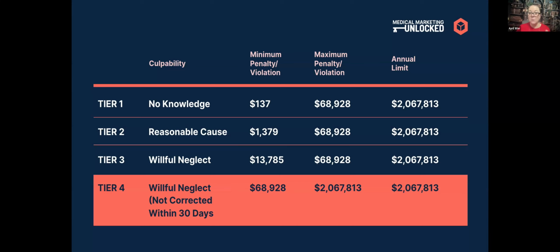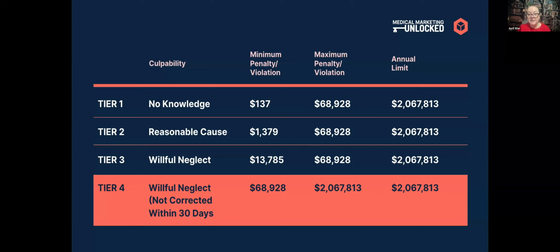So if you didn't put any work in to prevent this, like we're talking willful neglect, your penalties are going to be much higher. And willful neglect that's not corrected, that's the big thing. But most of this can be prevented with just the right policies and plans and the right partners. And the partners that you put in place need to know what they're doing.